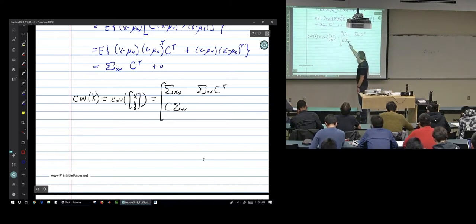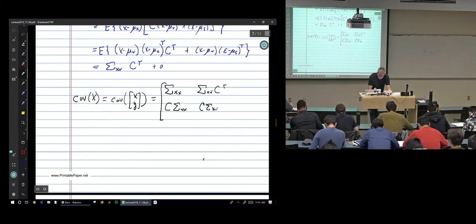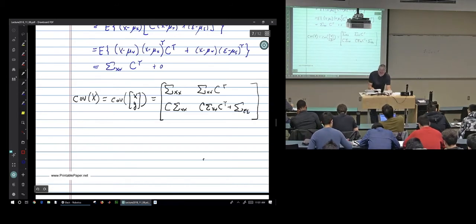And because this is symmetric, there's no transpose here, though in principle it's not wrong. Okay, and then we computed the sigma yy already, and we had C sigma xx C transpose plus the covariance of the measurement noise.